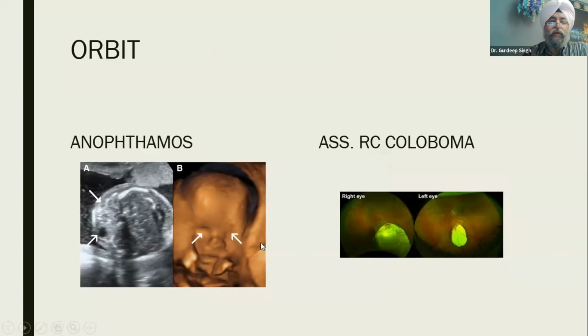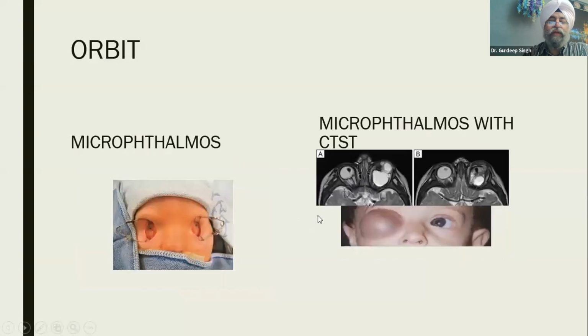And sometimes, in the other condition where I showed you the lid coloboma, there can be associated retinochoroidal colobomas also, so we have to look into that. If this involves the optic nerve and the macula, the visual prognosis is usually very poor.